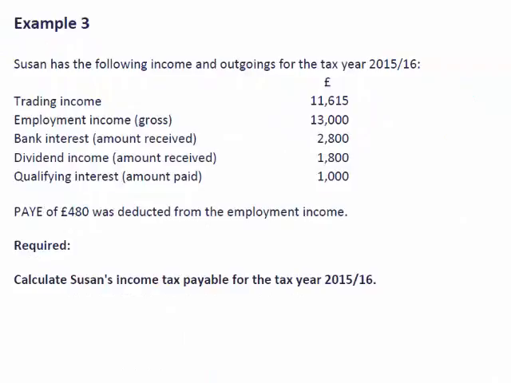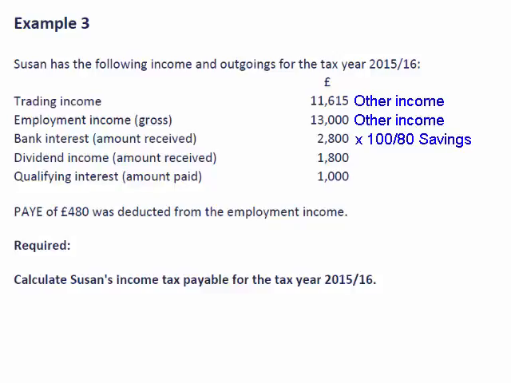So in this question, she has the following income and outgoings. She has trading income, which again is other income, employment income, which is also other income, bank interest, which is savings income, and we need to gross it up by 100 over 80 because it's bank interest.